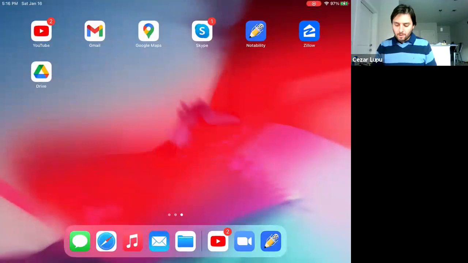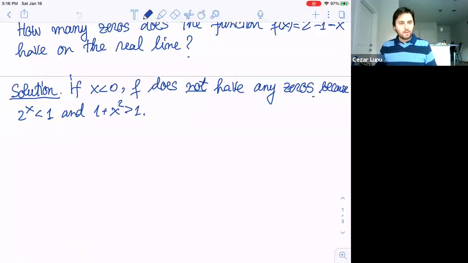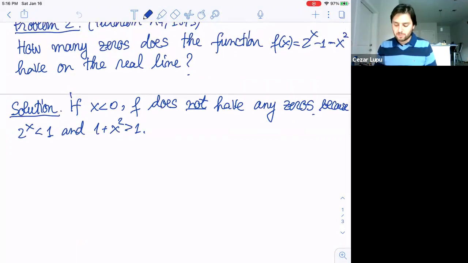All right. So as you can see, just like we said, if x is negative, the function does not have any zeros. Now let's see if we find some other zeros.